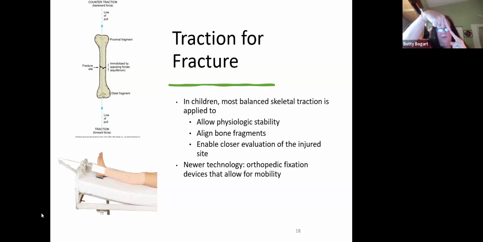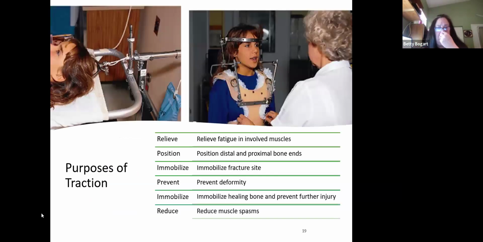Okay. So it pulls it out. And that's called Buck's traction. What do these sort of tractions do? Now, we also have cervical traction, we have halo traction. These are different ones I'm showing you here. So when we have a fracture in a bone, the muscle tends to get weakened and it gets spasms and it creates a lot of pain.